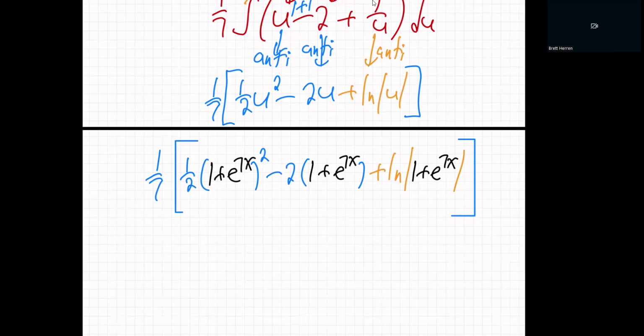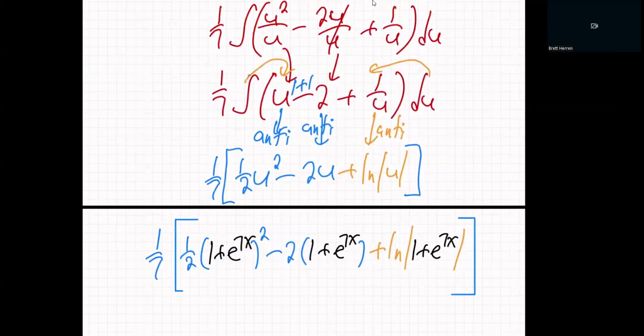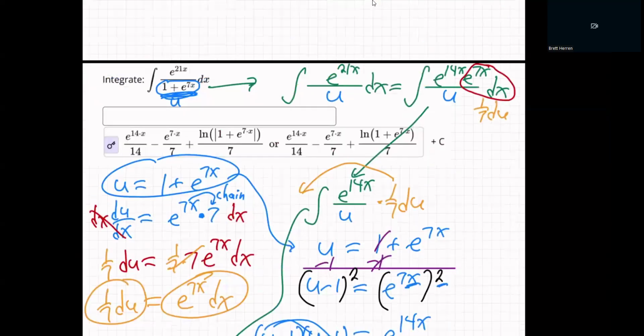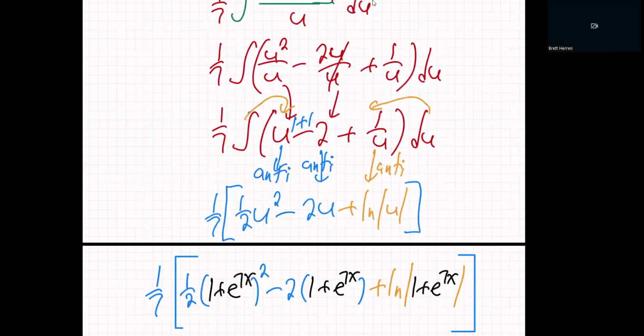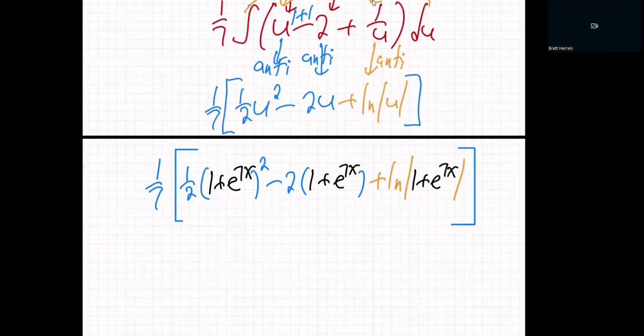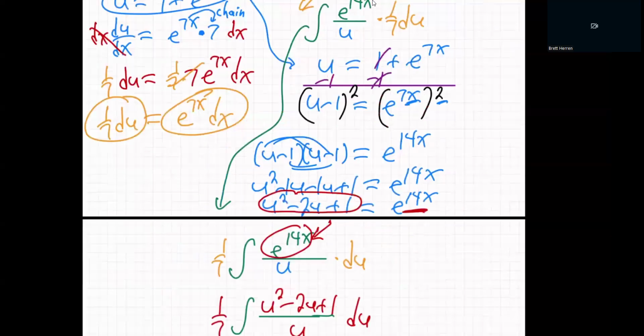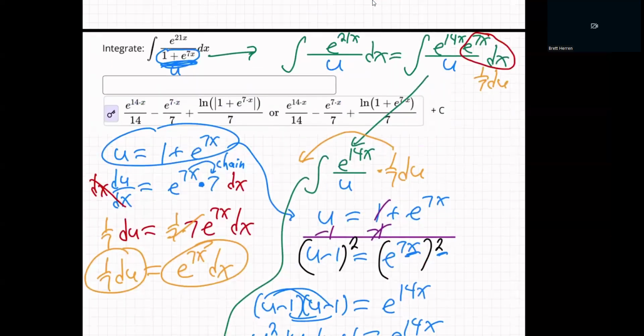That was quite an integral. So let's double check. Are we right? I'm not seeing it. Where is it?